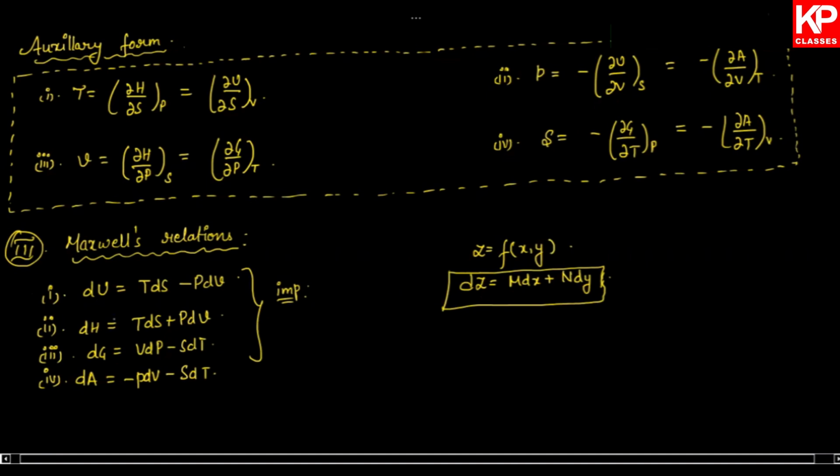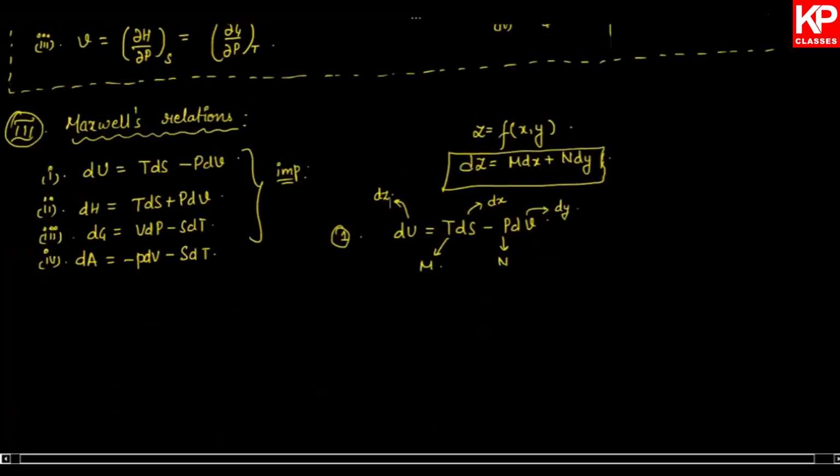From the first equation, dU equals TdS minus PdV, where T can be replaced by M, and dS is dx. Similarly, P is replaced by N, and dV is dy. And this is the dz function. Agreed, everyone?